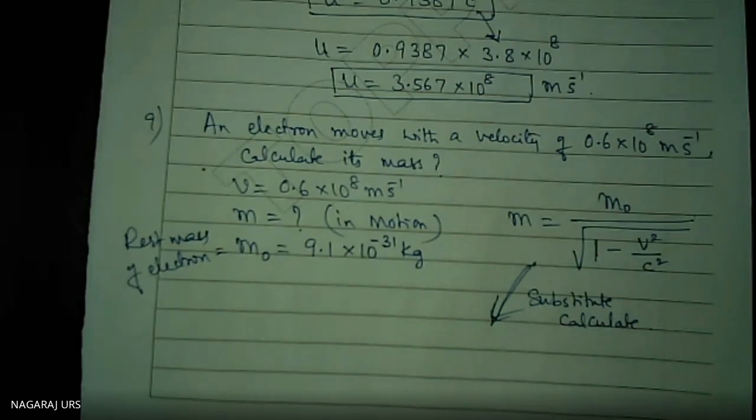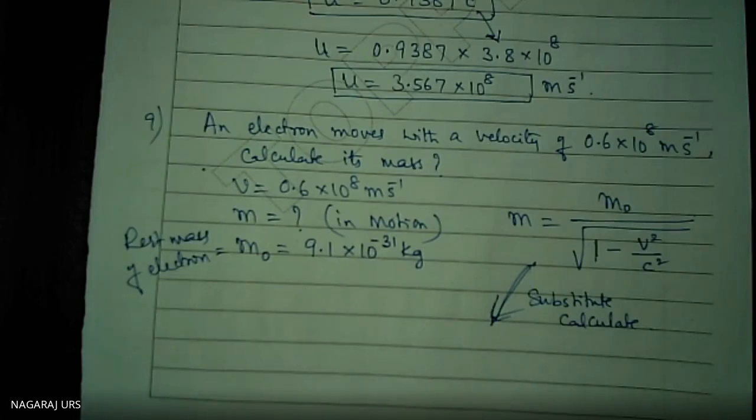Got the answer? Krupa? 9.215. Sabashi is showing 9.28.